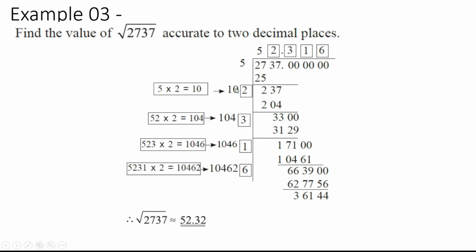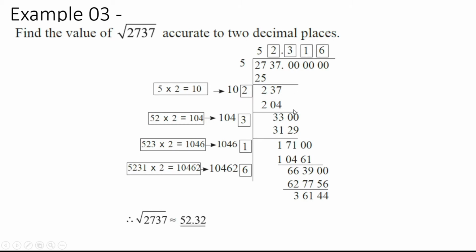In case you take 3 as the missing digit, then you get 103 into 3, which gives you 309. 309 is greater than 237, so we cannot take 309. Therefore, the missing digit here is 2. 102 into 2 gives 204. When you subtract 204 from 237, you get 33.